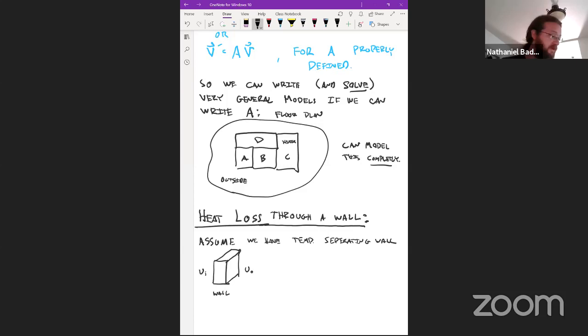So then we considered the actual heat flowing through the wall, and we got a differential equation.